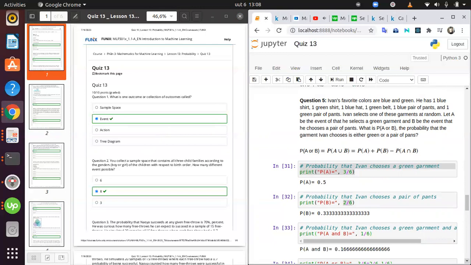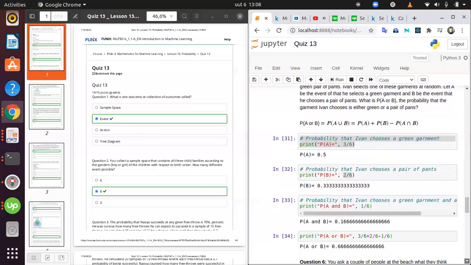Event A has one blue shirt, one green shirt, one blue hat, one green belt, one blue pair of pants, one green pair of pants. Probability of A or B is, okay, so it's similar to the one above, right? Yeah, somehow. So I got it. Yes, I think I got this question.